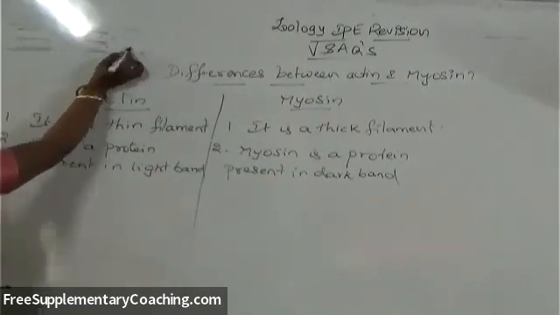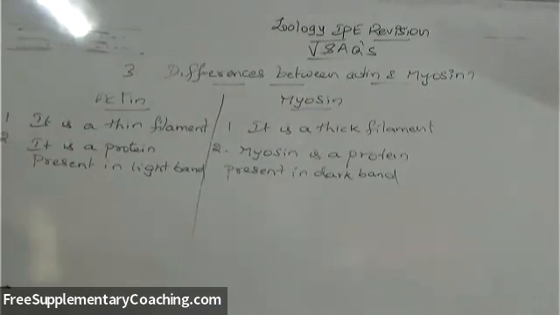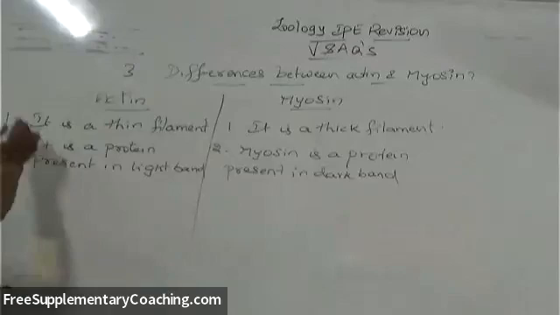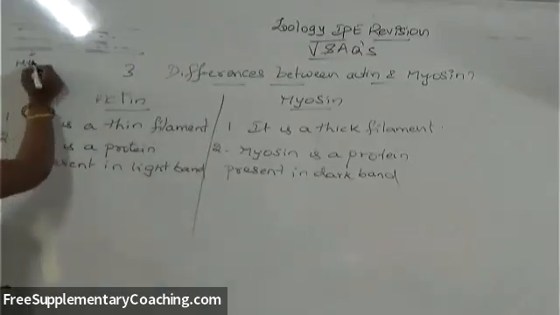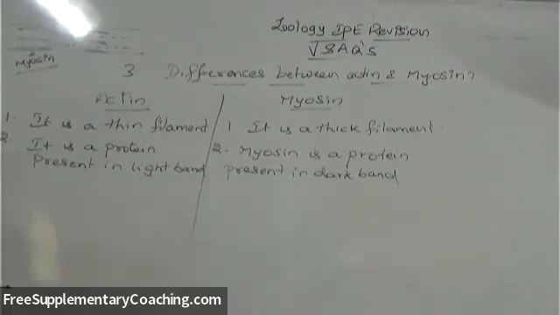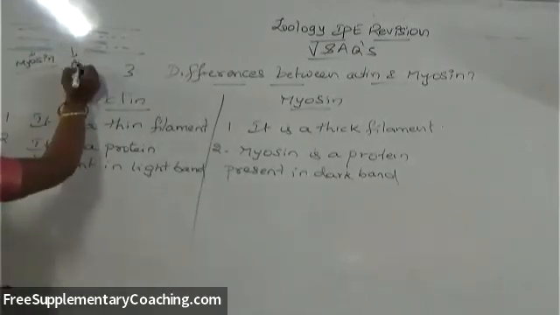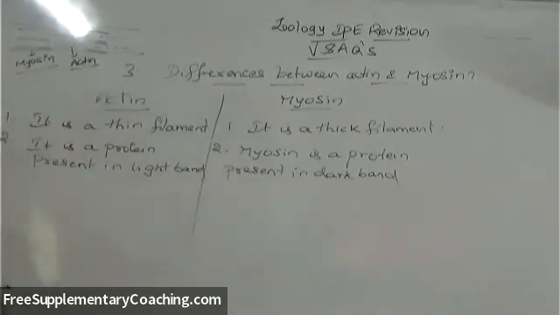So both are present in alternate fashion. In the dark colored band the myosin protein is present, whereas in the light colored band the actin protein is present.